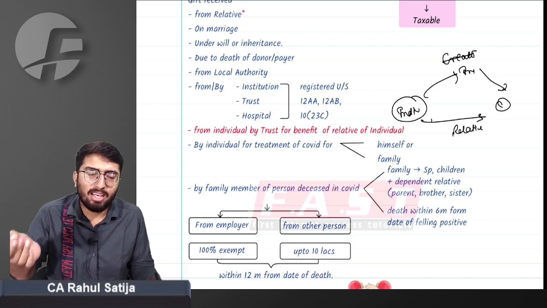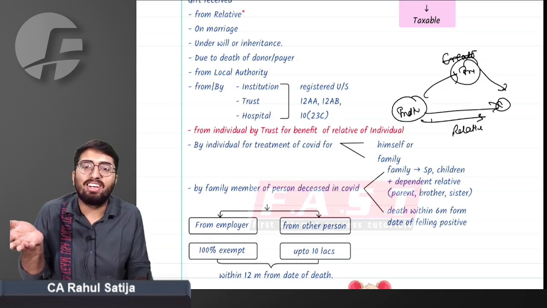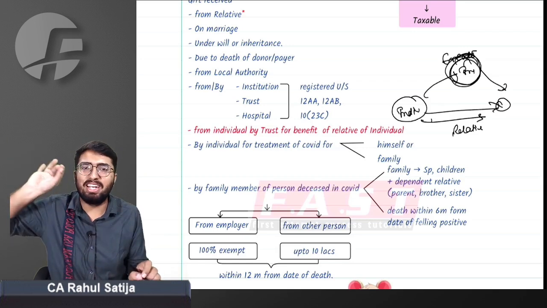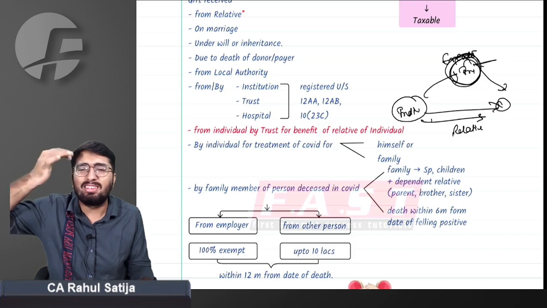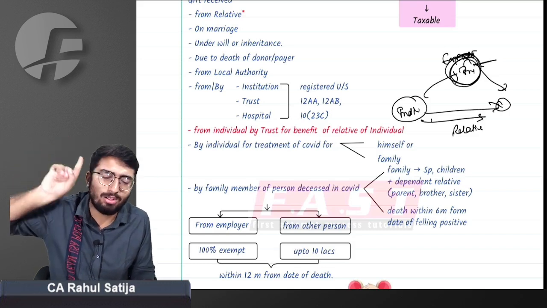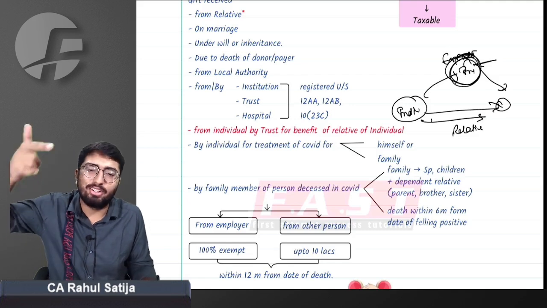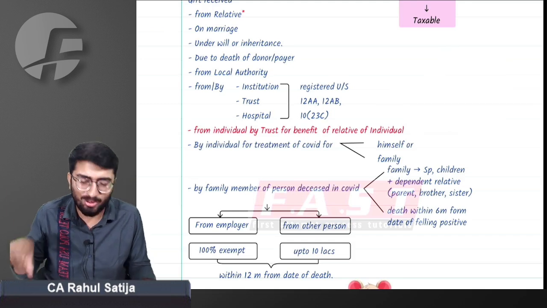If an individual creates any trust for benefit of its own relative, then any asset received by such trust will be exempt. Any trust, any asset, any money, any gift received by such trust will be exempt. This point is of least importance, but there is one question in your study material that is relevant for your exam. For that matter, this point has to be studied seriously. Did you get this point or not?